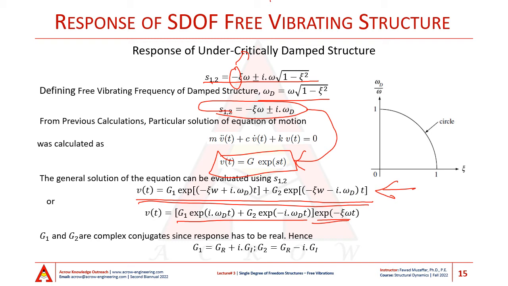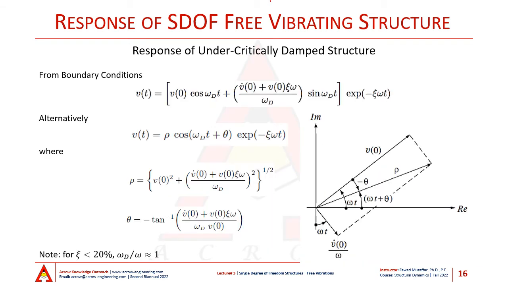Again, G1 and G2 have to be complex conjugates of each other since the response has to be real. That requires us to then determine the values of GR and GI, which are the coefficients of the real and imaginary parts of these two complex numbers.